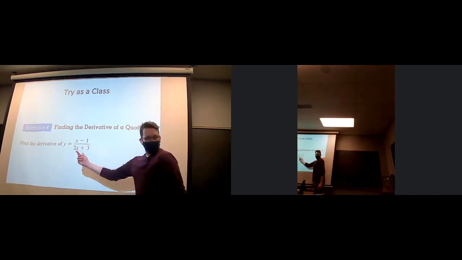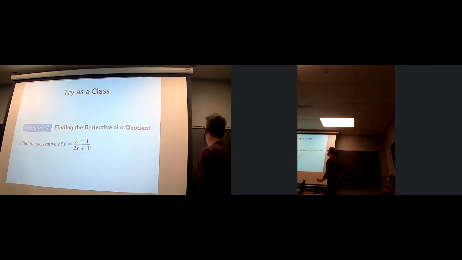And I showed that, hey, instead of just going right to it and saying that y prime is going to be equal to g of x times f prime of x minus f of x times g prime of x, all divided by g squared of x, instead of going about it right to this, I was saying in the last class, why don't we first declare what f of x is.